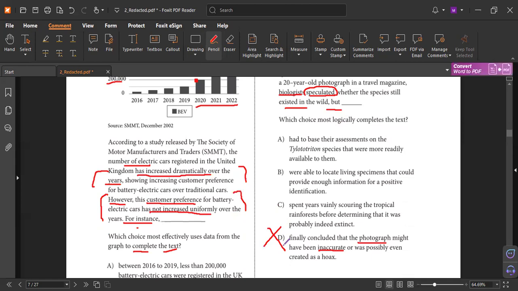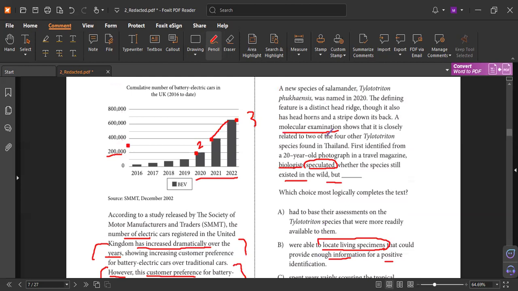That's why. Now let's find. But we're able to locate living specimens that could provide enough information for a positive. How did we know that they found living specimens? Because they found here molecular examination shows. This means they caught specimens from the wild. Got it?